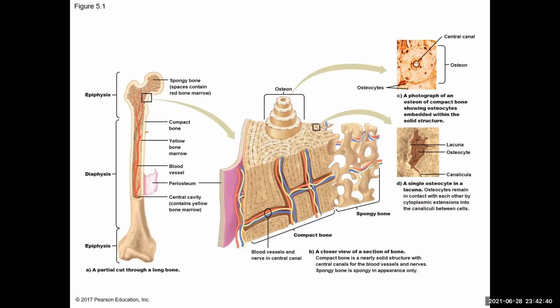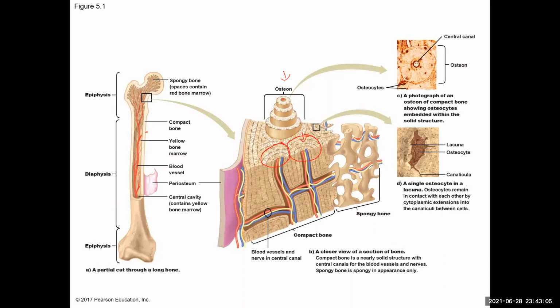And then in the center, and so I should first say that several of these circular connections make up an osteon. So this one unit here is an osteon, and you would have another osteon right here, another osteon right there.